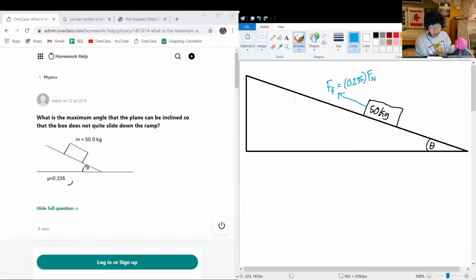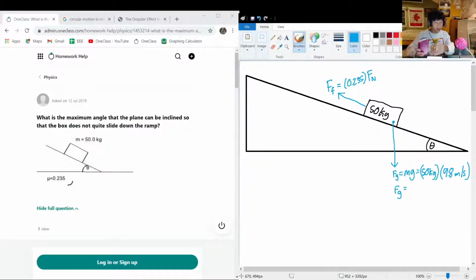Another force that is definitely going to be here is the force of gravity, which is going to be straight down. So that's Fg, and that is equal to mg. What's the mass? The mass is 50 kilogram. Multiply that by 9.8 meters per second squared. Let's find that out quickly so we have a numerical value, because the weight force is always going to be the same.